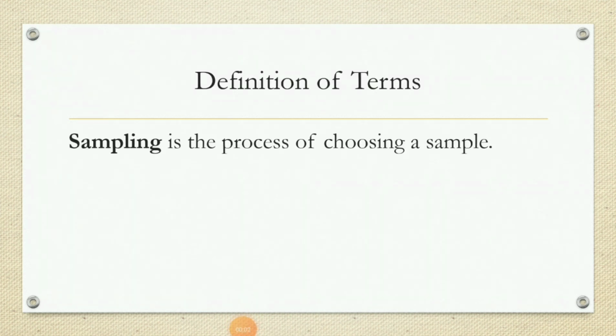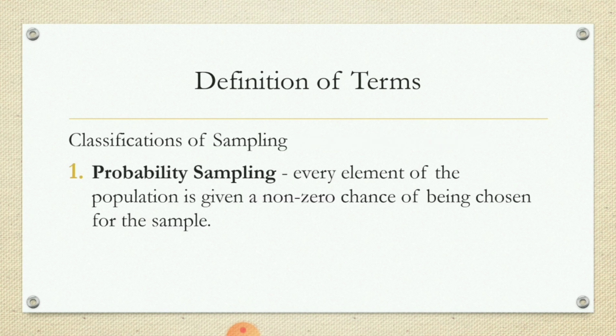Next is sampling. Basically, sampling is the process of choosing a sample. Sampling can be classified into two. First is the probability sampling, where every element of the population is given a non-zero chance of being chosen for the sample.